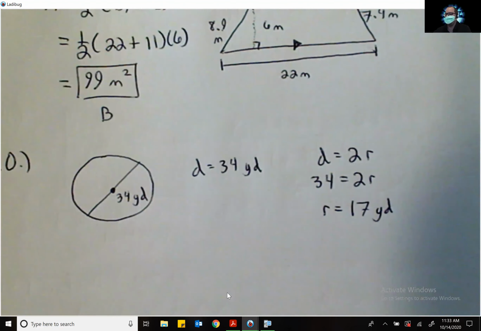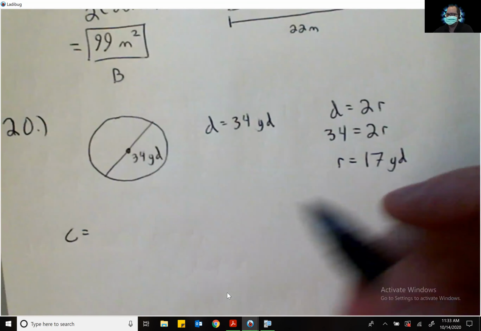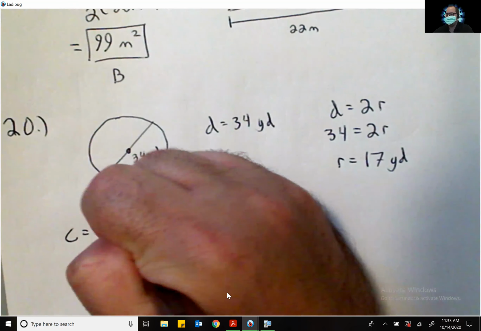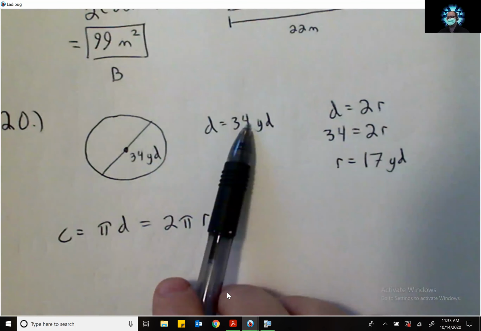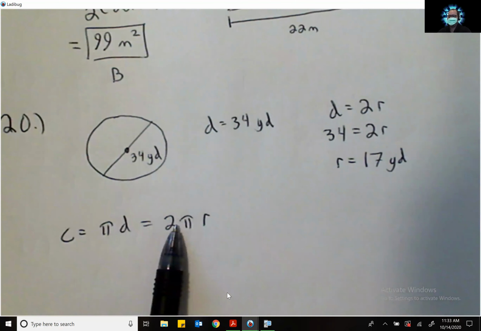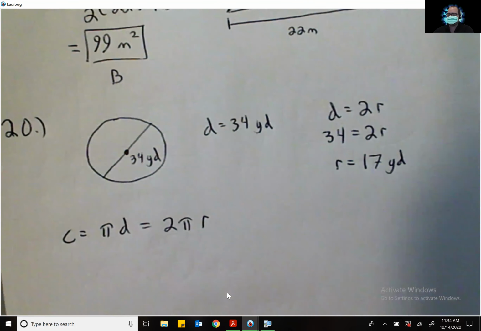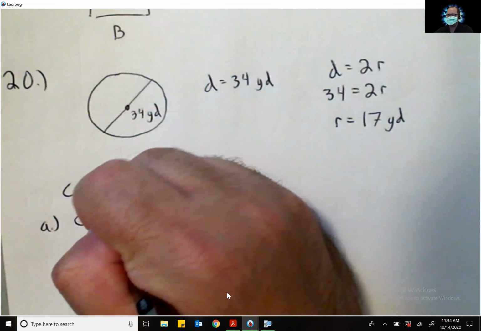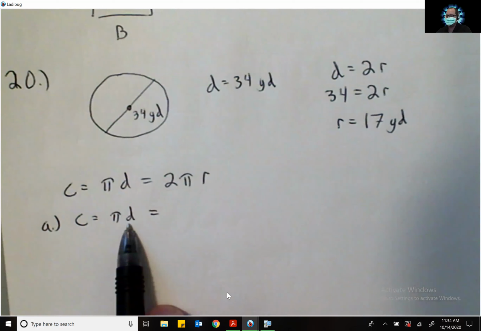All right. So let's talk circumference. There are 2 formulas for circumference. One of them you just gave me, pi d, and there's also 2 pi r. So now that we know the diameter and the radius, it doesn't really matter which one we choose. I'm going to go with this one because it's easy. So to get that first answer, we're just going to plug into pi d, where the diameter is 34.